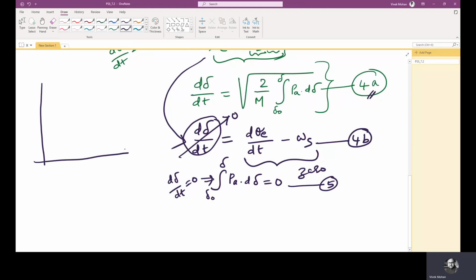Initially, the machine is operating at angle δ0, a steady state operating point, where we have Pe0 equals Pm0. Mechanical power equals electrical power. It's in equilibrium.